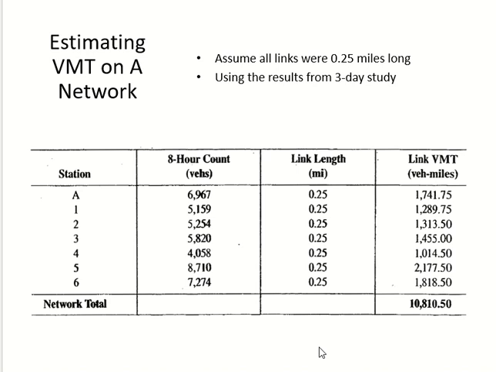Here I took the volume for 8 hours, so this is VMT for 8 hours. If I do it for the 12-hour example, the VMT will be for 12 hours. You can have VMT for peak hour, for the whole year, depending upon the volumes.